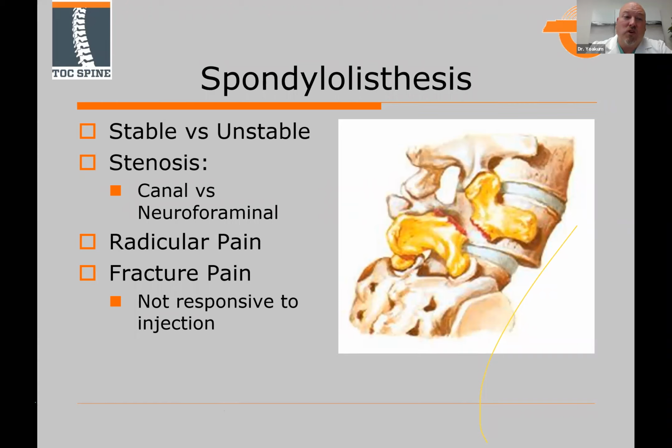But yeah, the answer is all of the above. If you're not thinking about the muscles and the soft tissue and the fascia and the nerves that could be involved, and the bones and the joints and the discs, you've got to consider all of it. If you don't, you're going to miss a lot. You're going to miss on a lot of patients, and you're going to have folks who keep suffering, who keep having issues that aren't getting better. So good question. It is a little bit of everything.